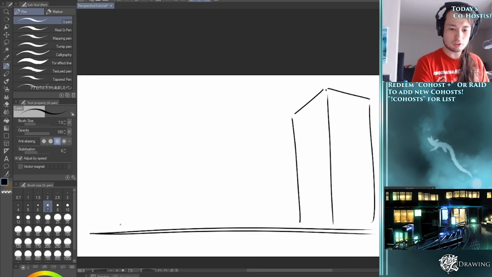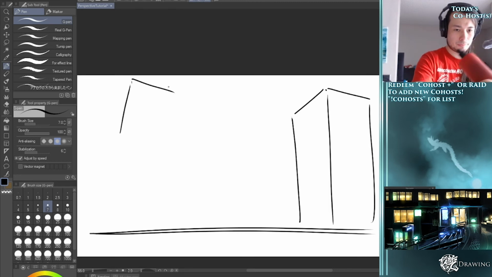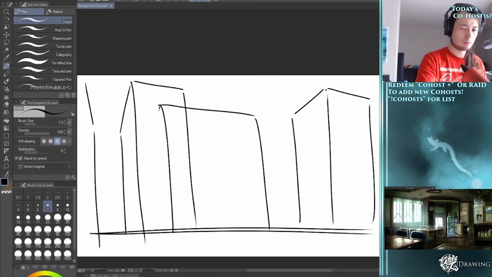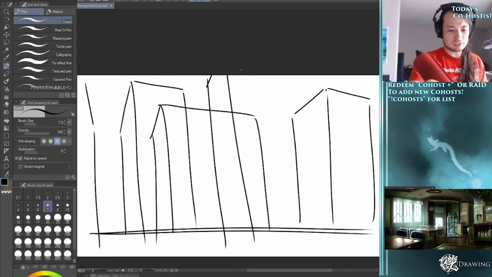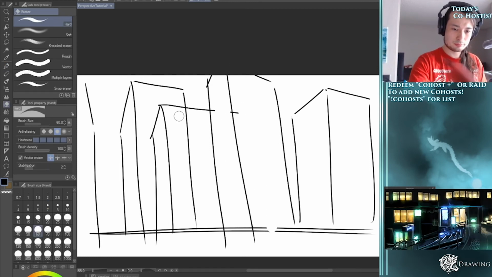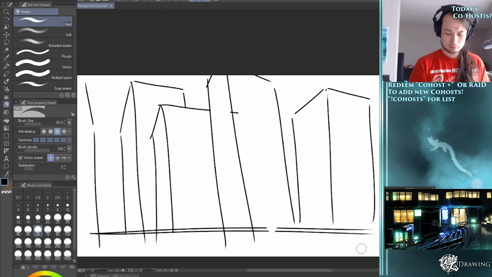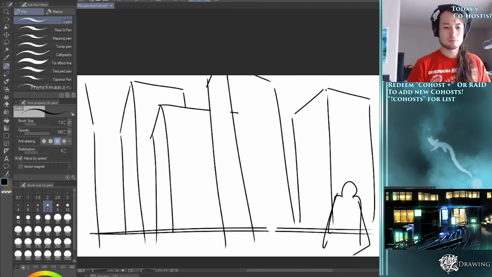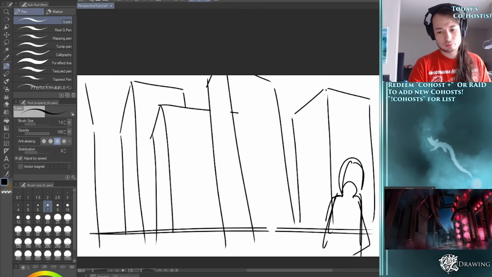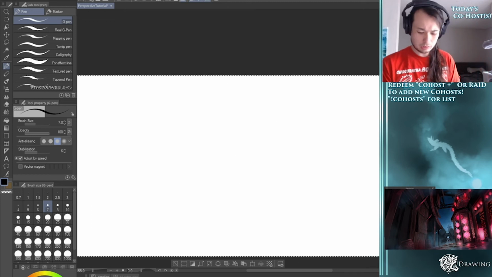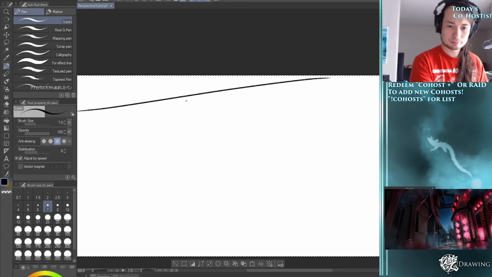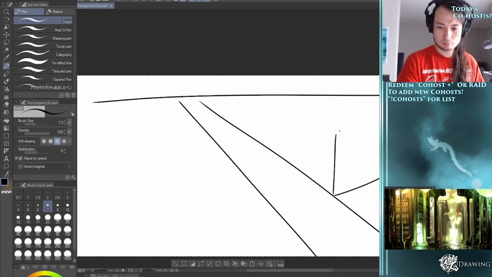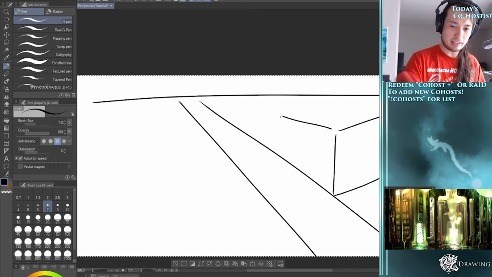Because the perspective line is so low, everything in this city is towering over us. It's intimidating. If the perspective line is high, you're looking down at everything.